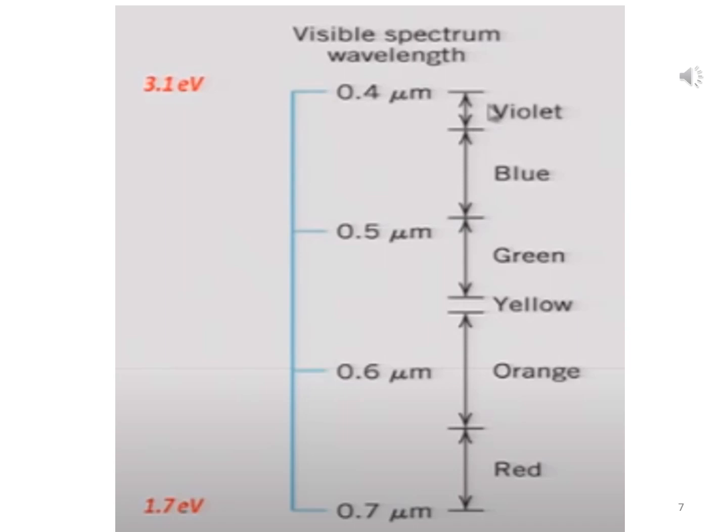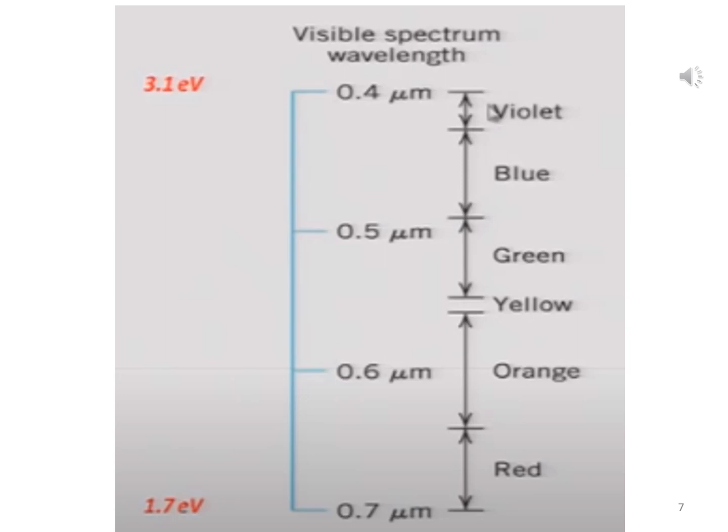In this scale, the size is 0.5 micron to 0.7 micron, which shows the colors of the visible region, and these are the wavelengths for the visible region. So if the wavelength is 0.5 micron or around 400 nanometer, then it will show violet color, and when it is 500 nanometer, then it will show you green color.